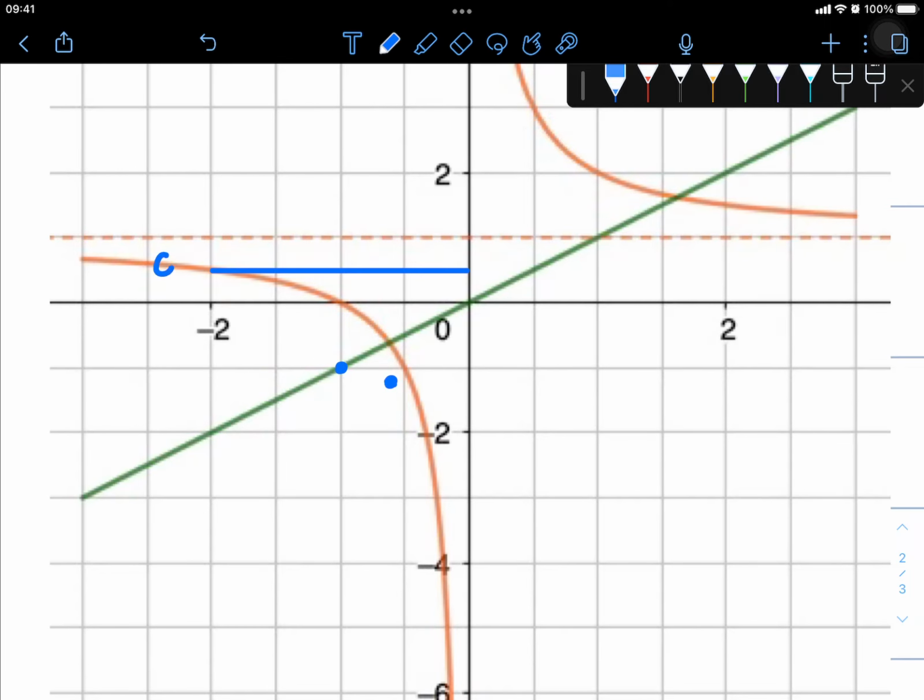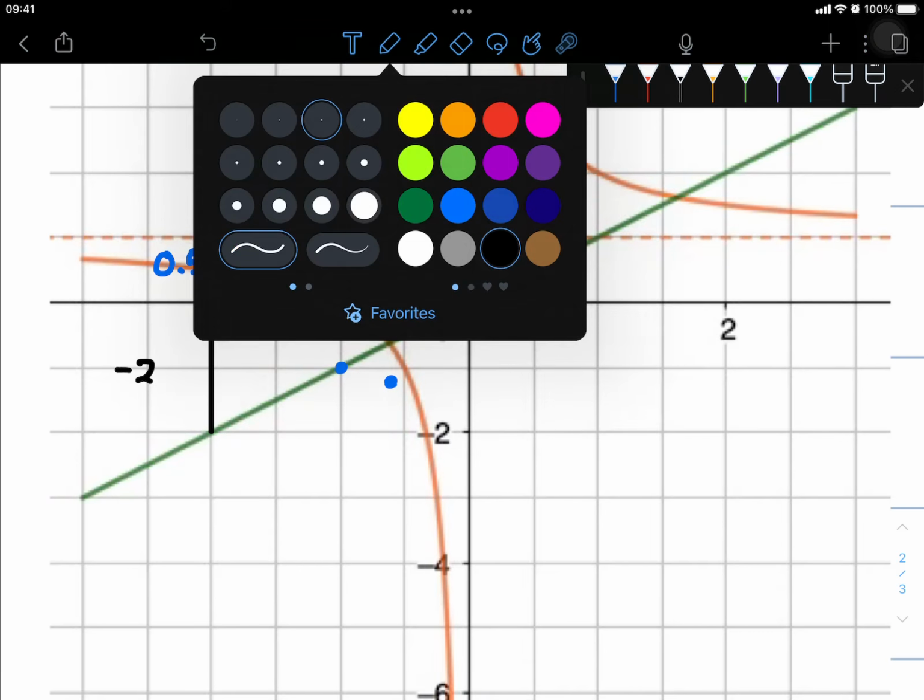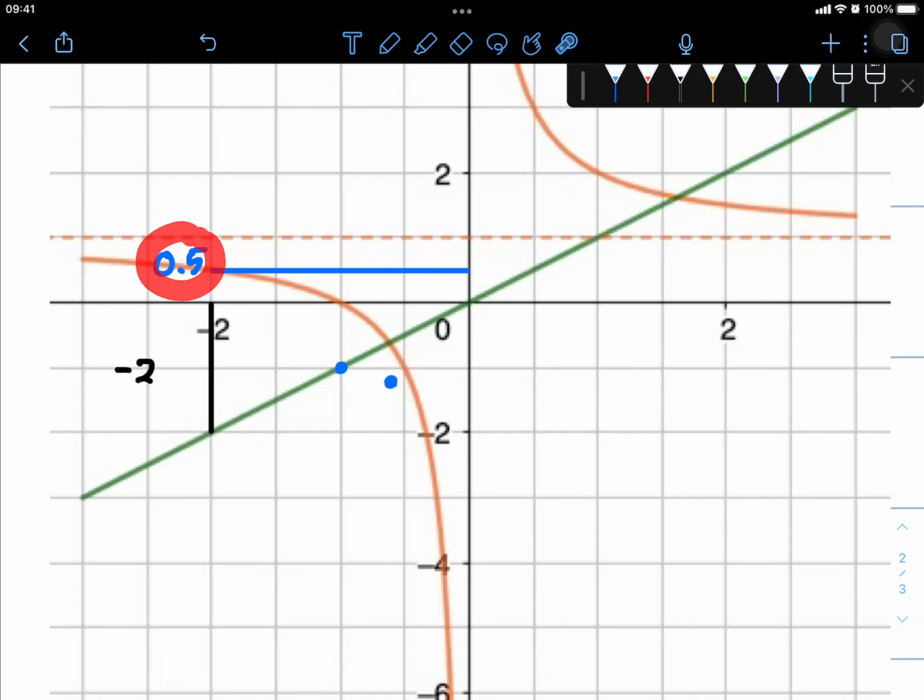That point looks to be about 0.5. If we take a look at the height of g at this point, it's actually negative 2. So 0.5 is definitely not equal to negative 2. Okay, so it's not the negative of that.